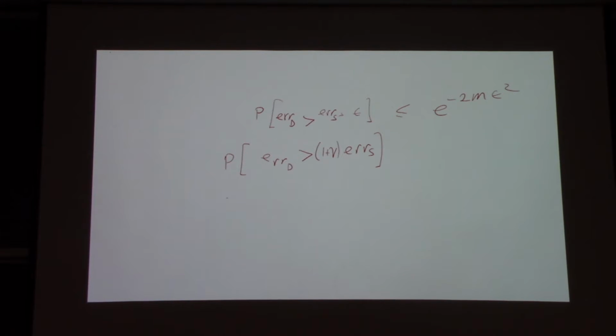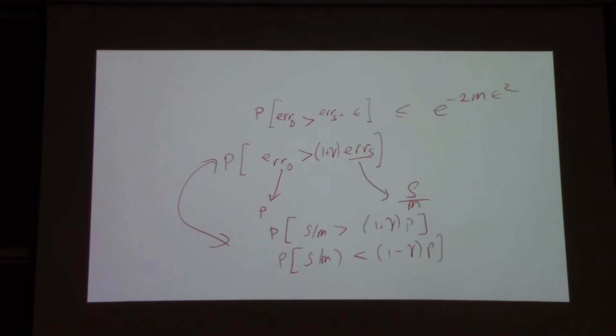Using the notation in the question, this thing is like P, this thing is like S divided by M. The question tells you something about the probability of S over M greater than 1 plus gamma times P, and something about the probability of S over M less than 1 minus gamma times P. Notice that between here and here, the terms are interchanged. So you need to do some algebra here.